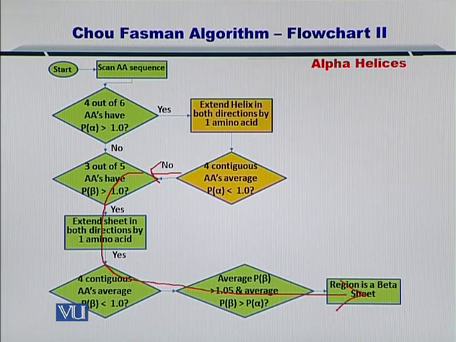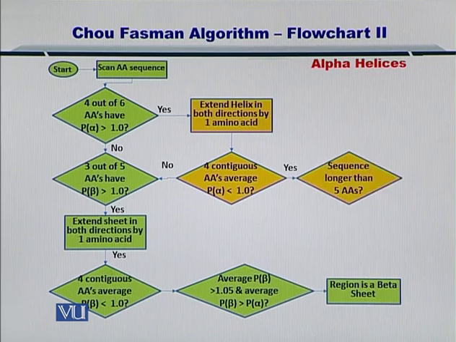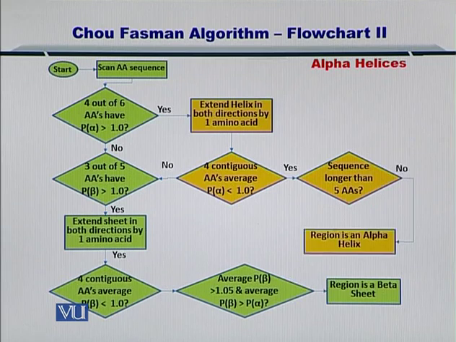However, if that is not the case and the sequence wants to form an alpha helix, then you see if the amino acid sequence is greater than 5 amino acids in length, and you consider the region to be an alpha helix. However, if the amino acid sequence is less than 5 amino acids, then you may want to consider other options.